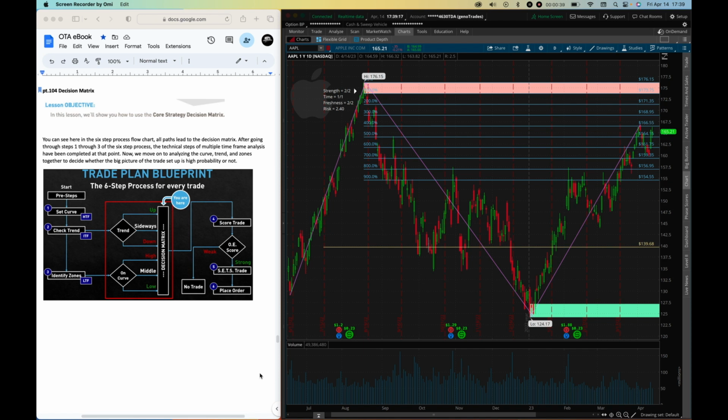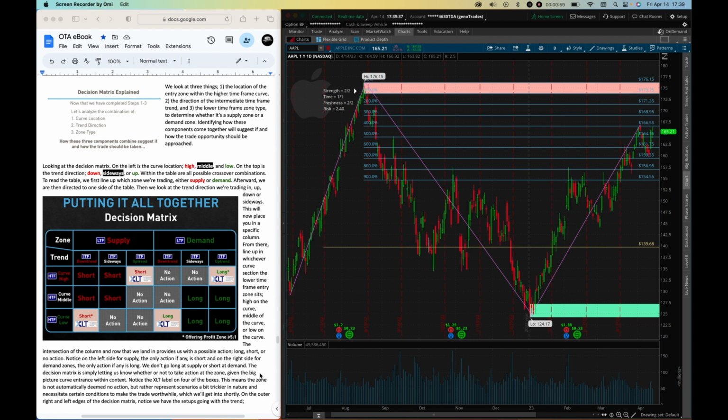Now we move on to analyze the curve, the trend, and the zones together to decide whether the big picture of the trade setup is a high probability or not. In order to do this, we look at three things. 1, the location of the entry zone within the higher time frame curve. 2, the direction of the intermediate time frame trend.